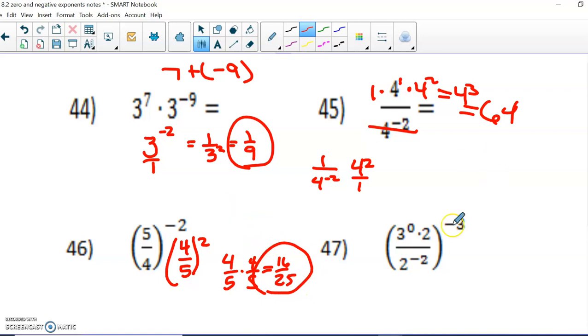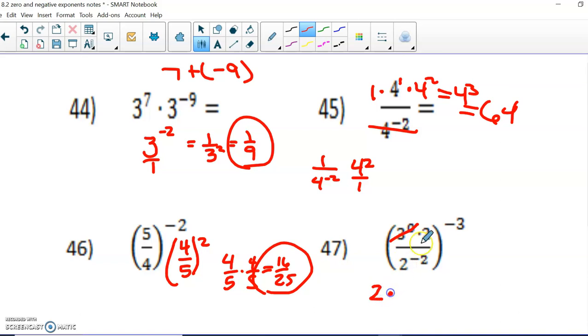All right, one last real tricky one. Here we're going to combine all of our rules together. We have 3 to the 0 power, so we know that means 1, and 1 times 2 is still 2. So we can just get rid of that. That's not going to make a difference to us. Here's that negative. We don't want that negative. So if it's a fraction, we're going to take the reciprocal and move it to the top.